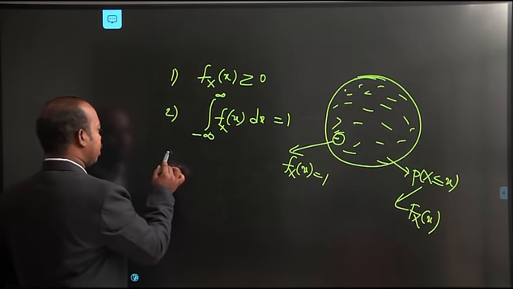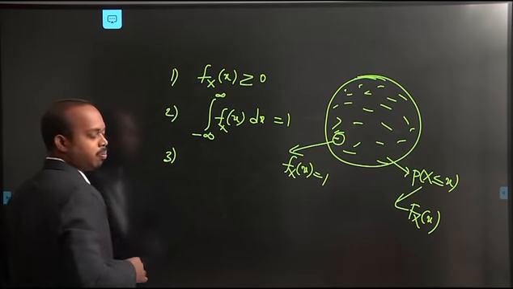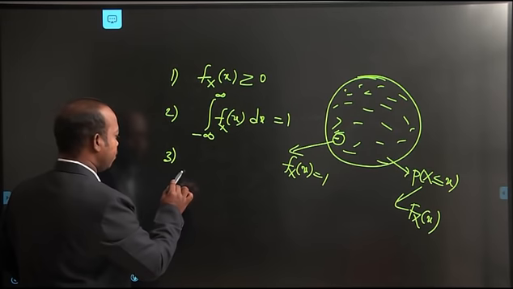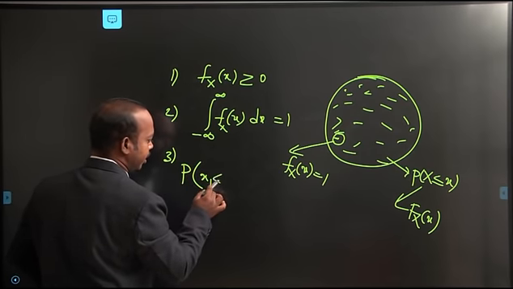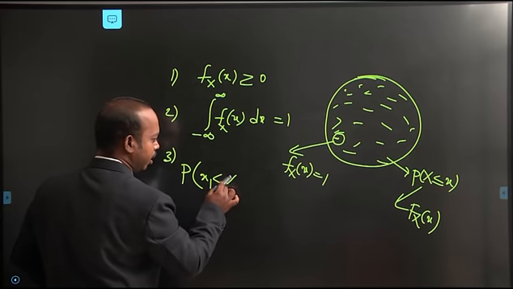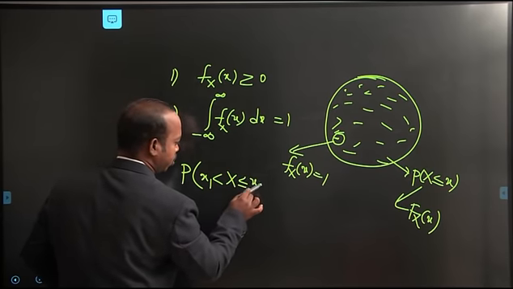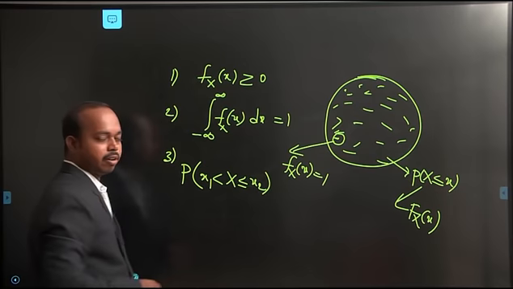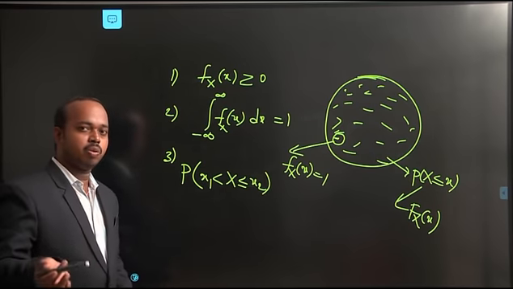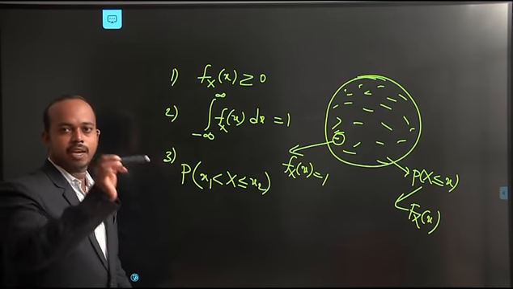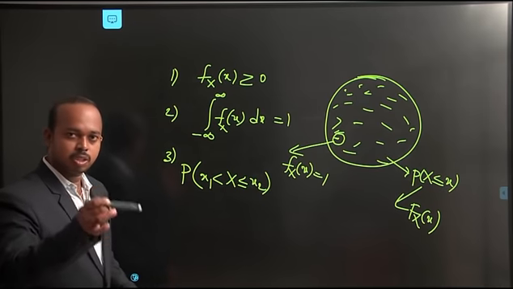Coming to the third property, we write the probability of x1 less than capital X less than or equal to x2, taking the lower value and higher value as the range. In the distribution function, we write the distribution at the higher level minus the distribution at the lower level.